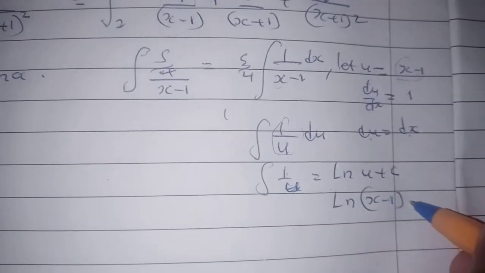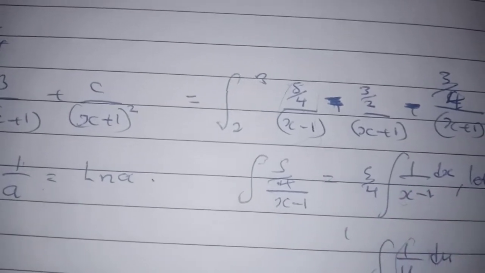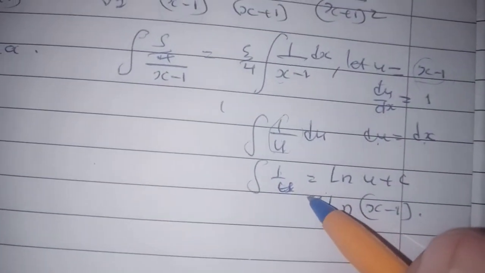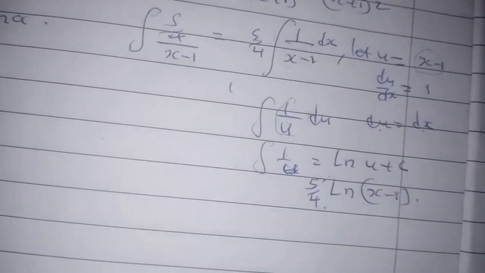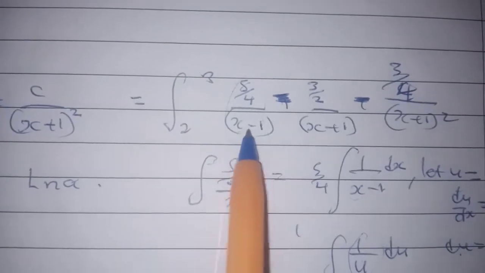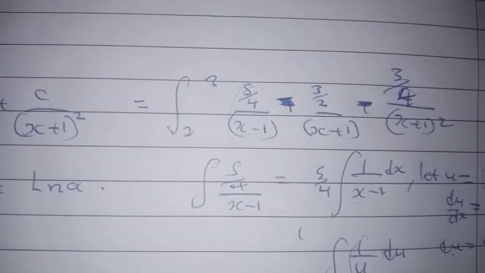So the integral of this one is just, but the constant is here, so write back the constant 5 over 4. So it will be 5 over 4 natural log of x minus 1. When you find such a function that is linear, just do the same. Use that technique.